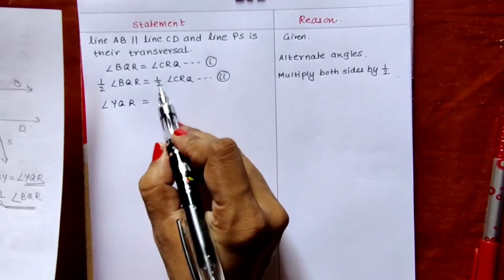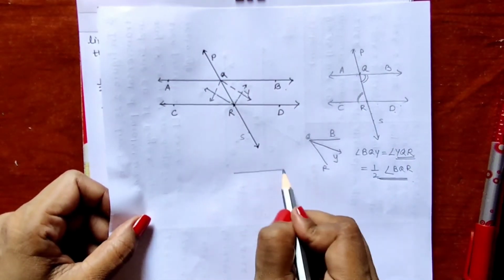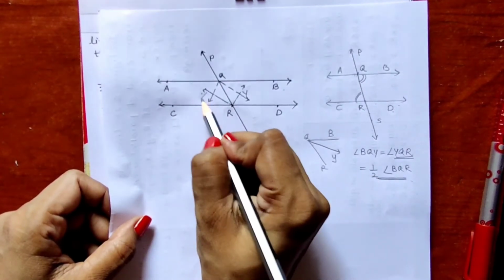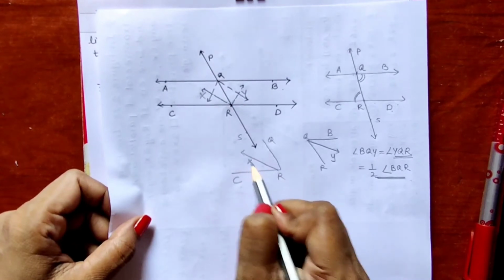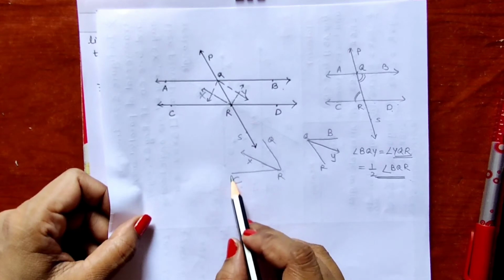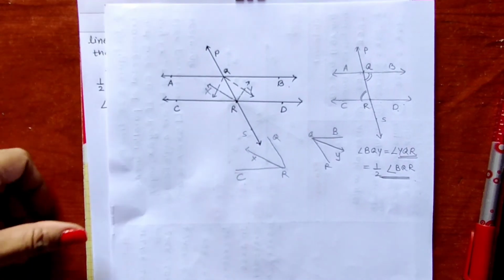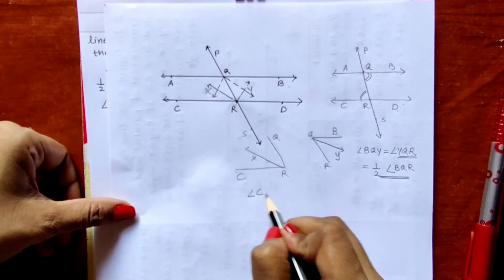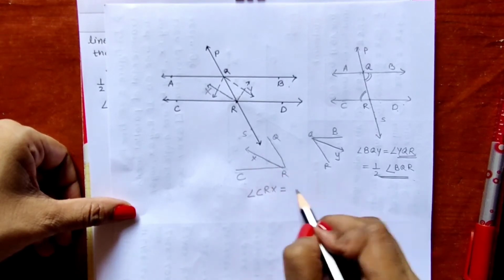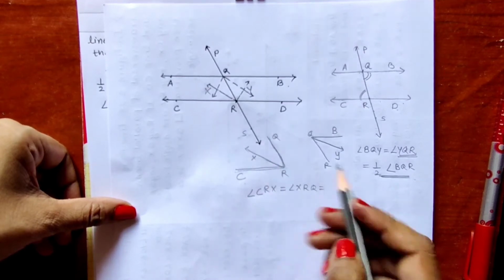Similarly, what can we write in place of half angle CRQ? This is angle CRQ, and RX is the bisector. Due to ray RX, angle CRQ is divided into two equal angles: angle CRX is equal to angle XRQ, and both these angles will be half of angle CRQ.